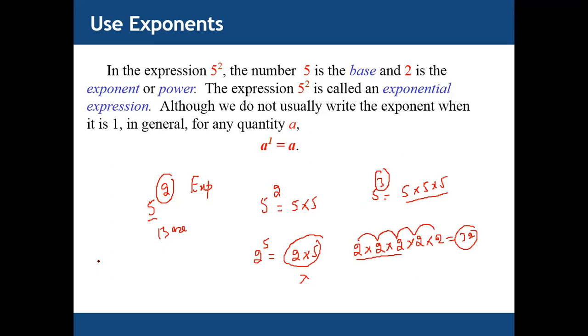If we have any number without a power, this means the power is 1. For example, 2 means its power is 1. We don't write 1 power 1. For example, 6 power 1, we simply write just 6.